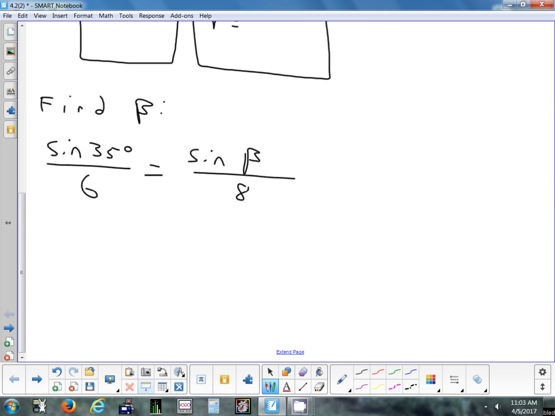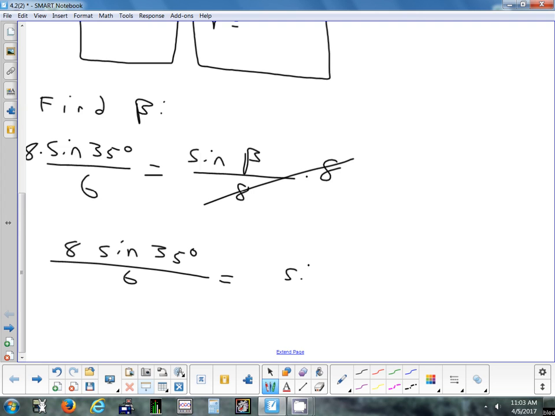So we solve it just like it's a regular problem. You're going to cross multiply. And actually, this time, you really don't even need to cross multiply. Just multiply each side by 8. That cancels that, and that automatically gets sine beta by itself. So we have 8 sine 35 over 6 equals the sine of beta.